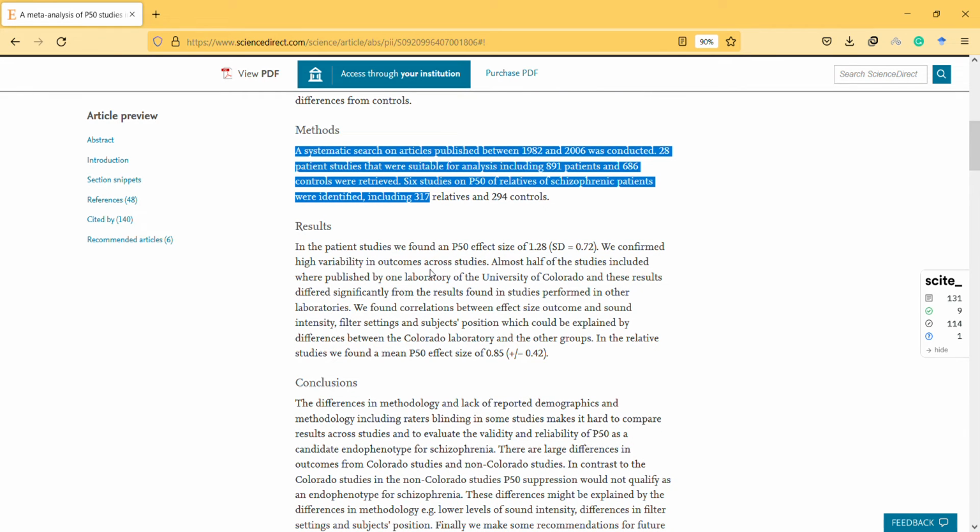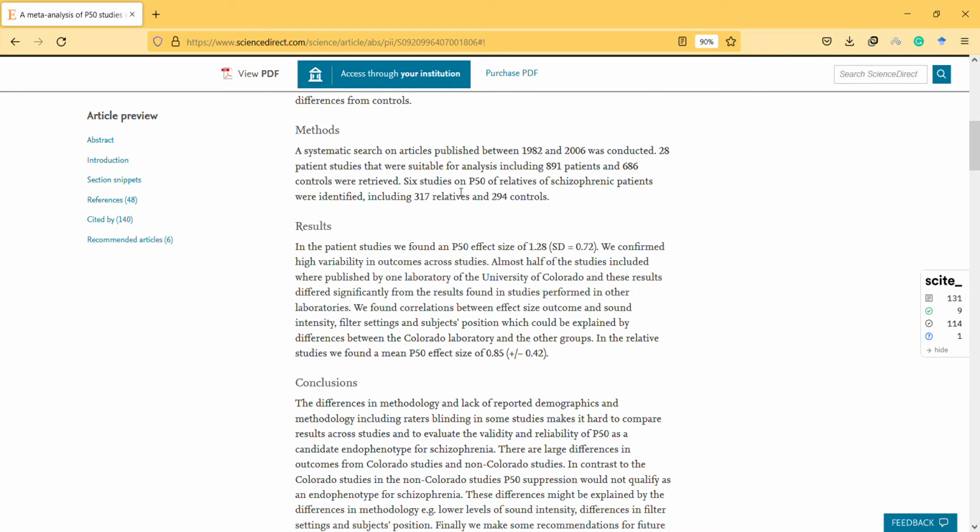A systematic search of articles published between 1982 and 2006 was conducted, and 28 patient studies were suitable for analysis. What is patient studies? I don't know. Maybe a total of 800 were retrieved, and 6 studies were identified on relatives of schizophrenic patients.